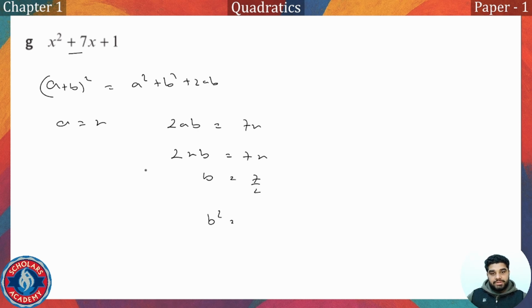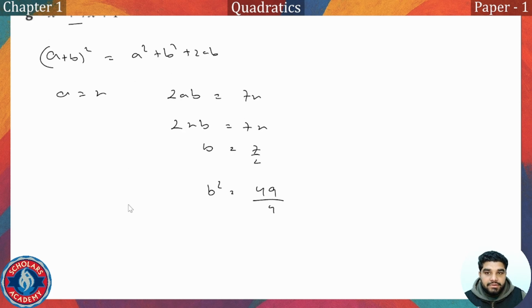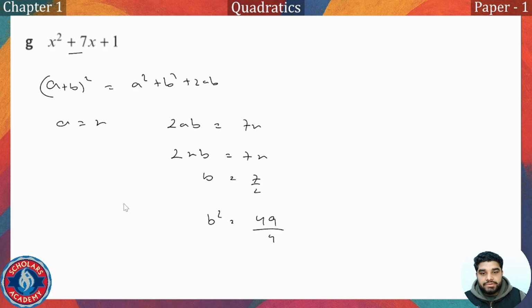So b square is equal to 49 by 4. We'll use these. So we get x square plus 7x plus 49 by 4 minus 49 by 4 and plus 1.